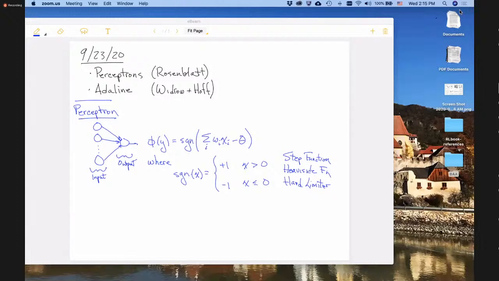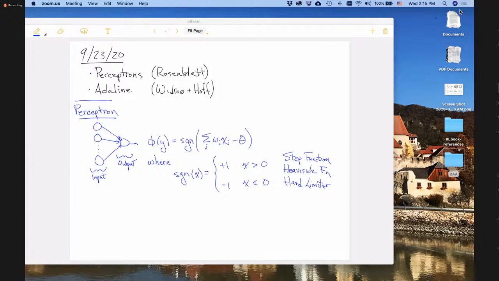I think I tend to use hard limiter the most when talking about neural nets. And as you'll see, that SGN or sign function, hard limiter function, has some pretty significant limitations, and we'll be looking at ways to relax those limitations later.